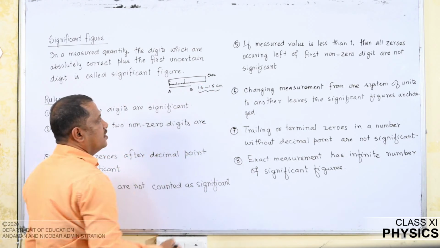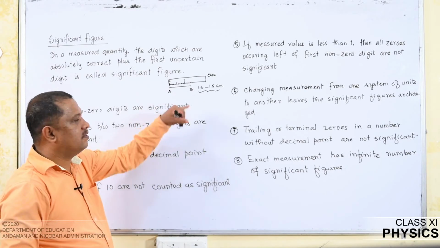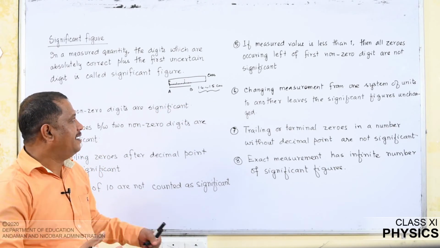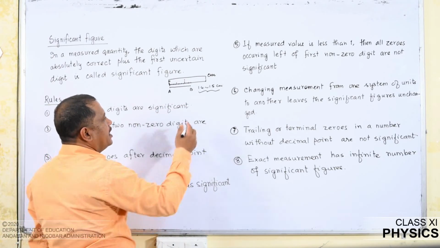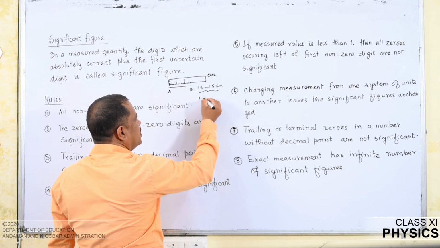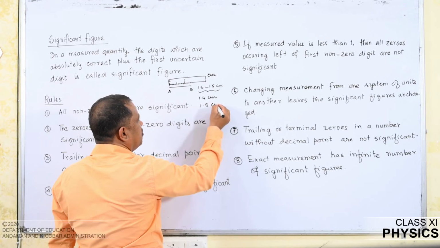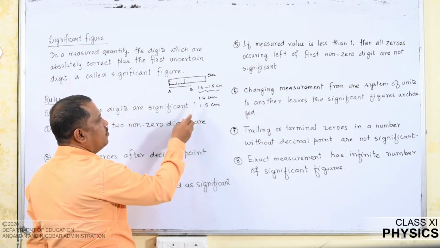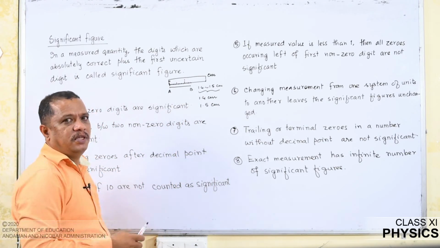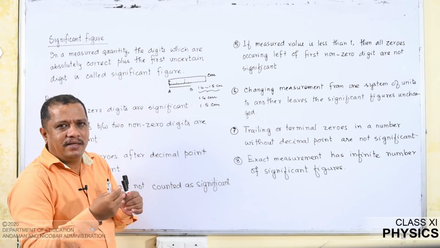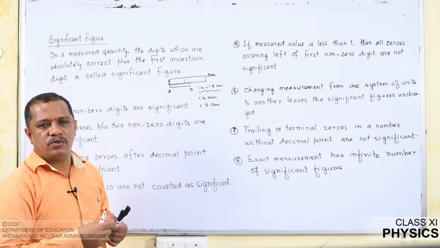So, this is what the length is, but how would I express it? Either I will express it as 1.4 centimeter, otherwise I would say 1.5 centimeter. Be mindful, when I say 1.4 centimeter, that means the line is slightly bigger than 1.4 centimeter.